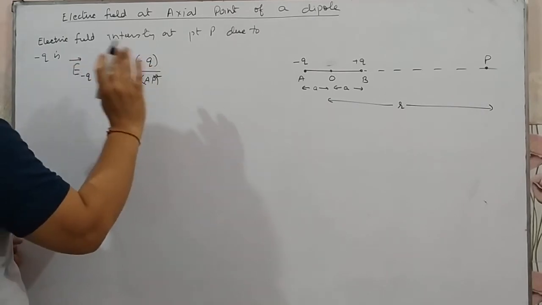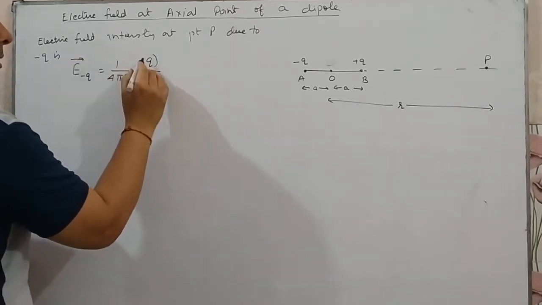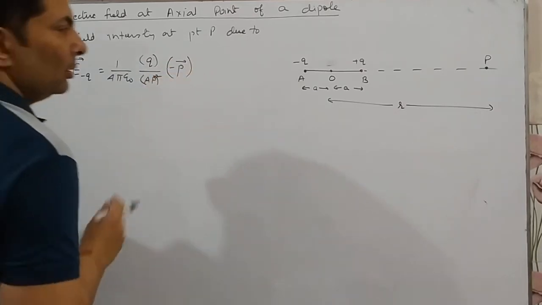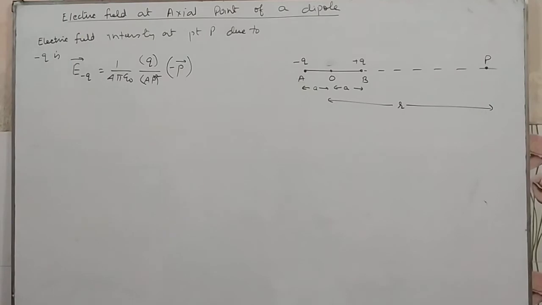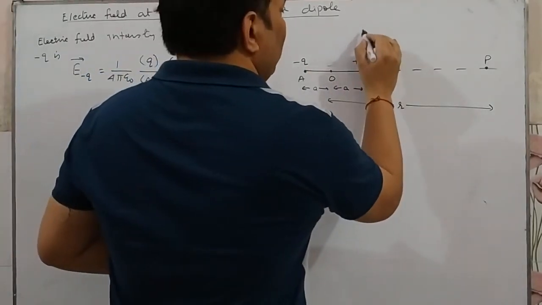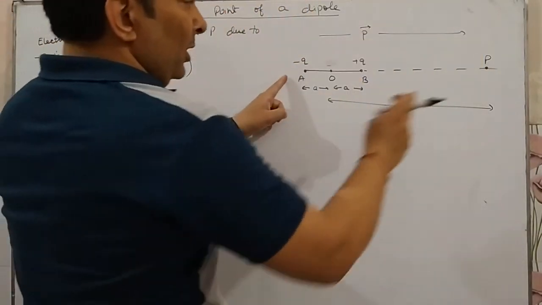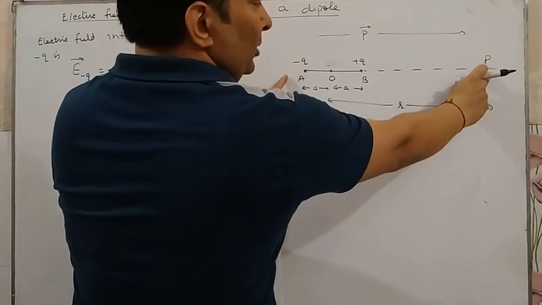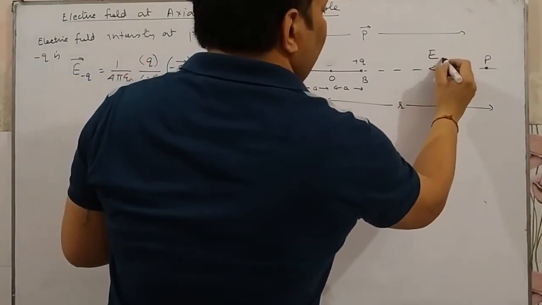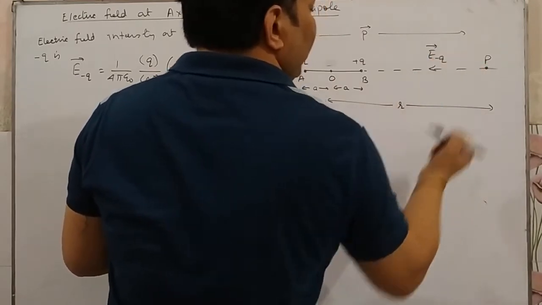If you want to put a direction also, then we can write that this is in the opposite direction of the dipole moment. Why? Because the dipole moment is in this direction. This is a negative charge, but let it be assumed a test positive charge. Attraction will take place, so the value of E minus q is along this direction.